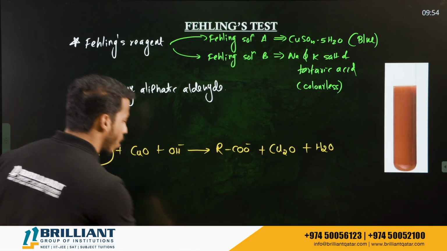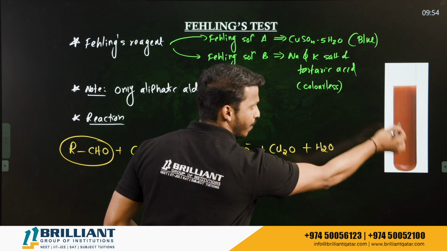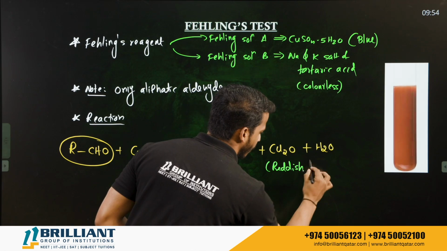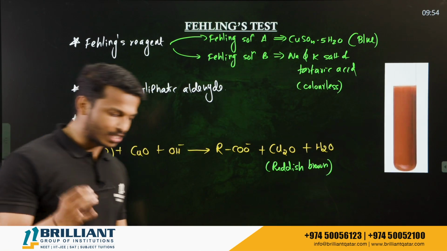What is the color of cuprous oxide, dear all? You can see that this is the precipitate, cuprous oxide. It has a reddish brown color. Okay, so Fehling's test once again.